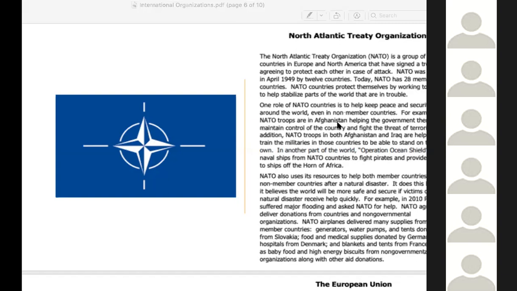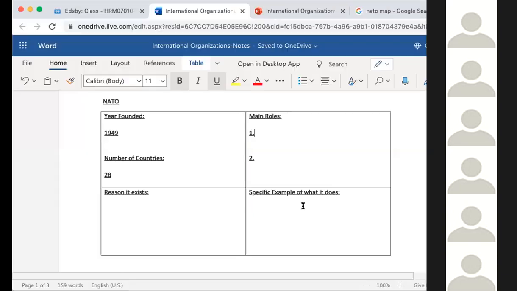It literally just told you the two roles. It even says one role of NATO. So let's go back to our thing. What's one of the roles of NATO? Help keep peace and security around the world. Kind of similar to the UN, right? What's another role?